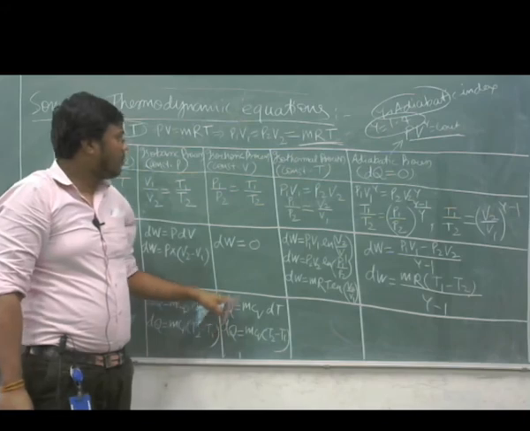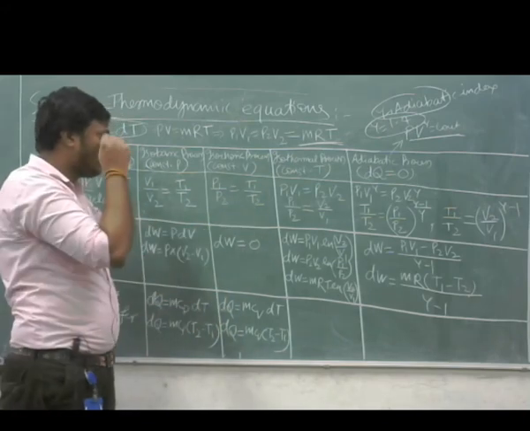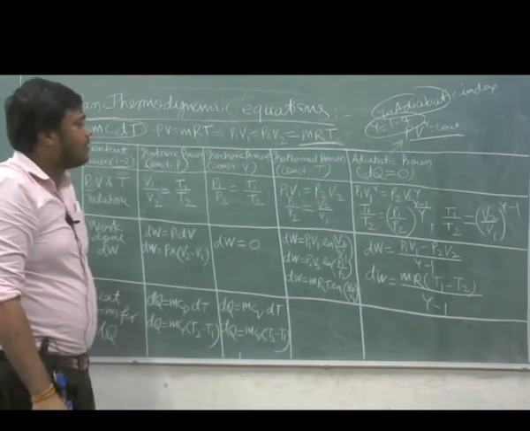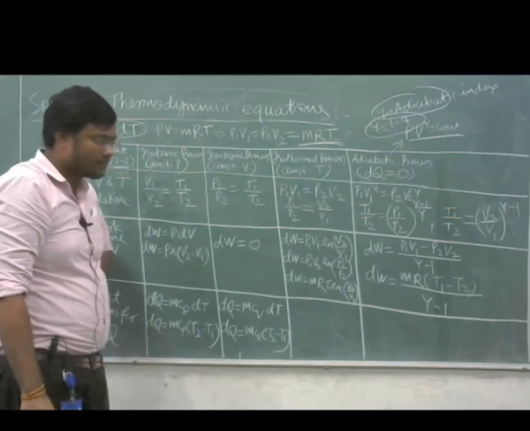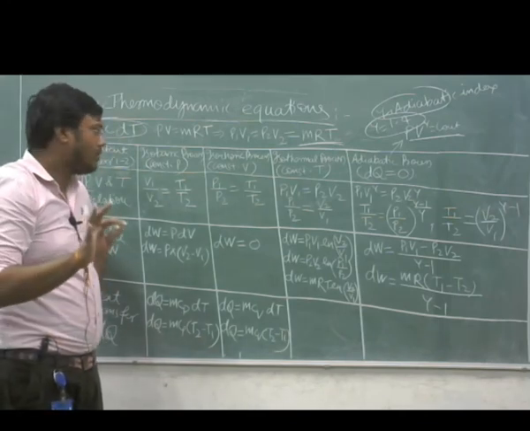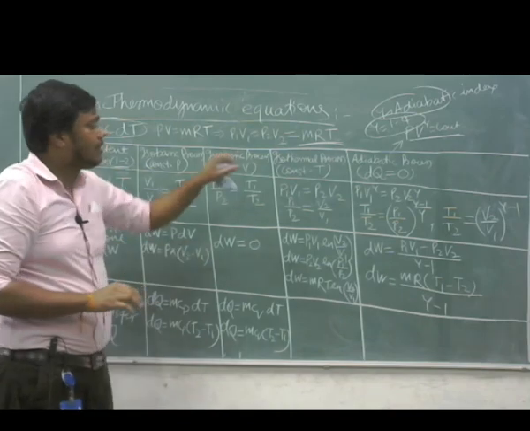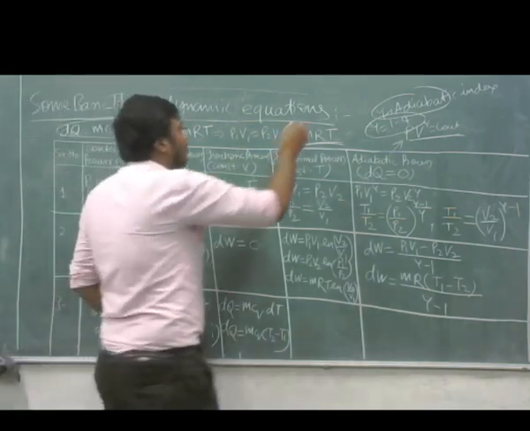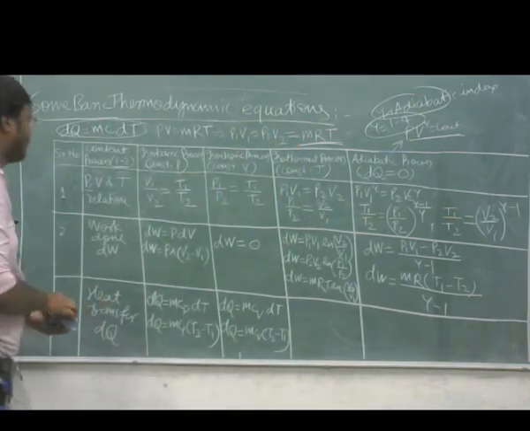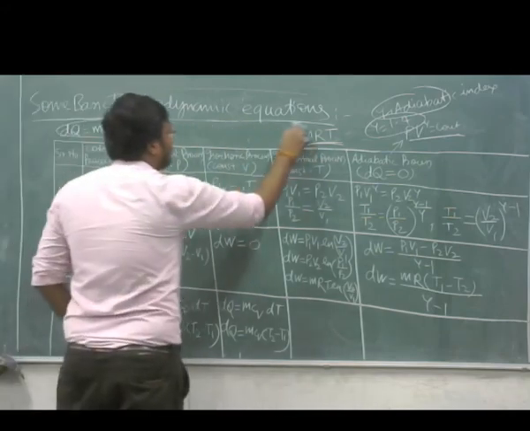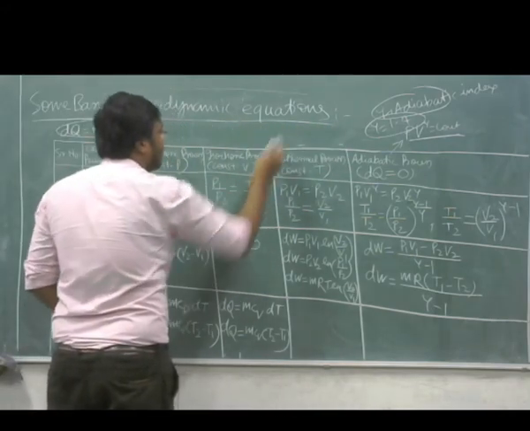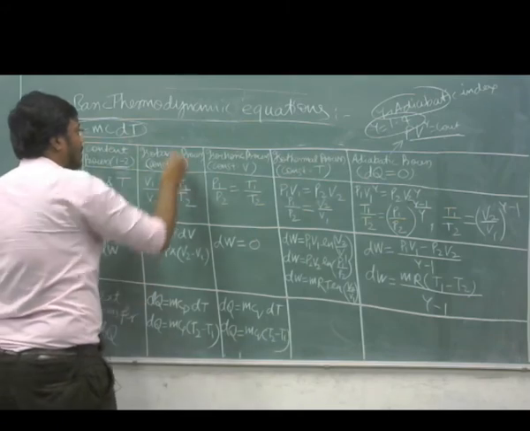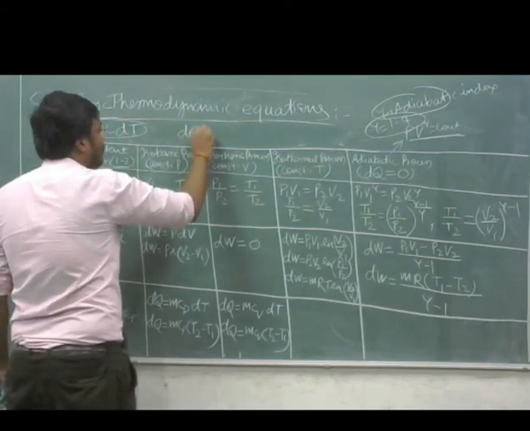Next is the formula for the heat transfer of isothermal process. If you remember, in isothermal process, heat transfer is equal to work done.